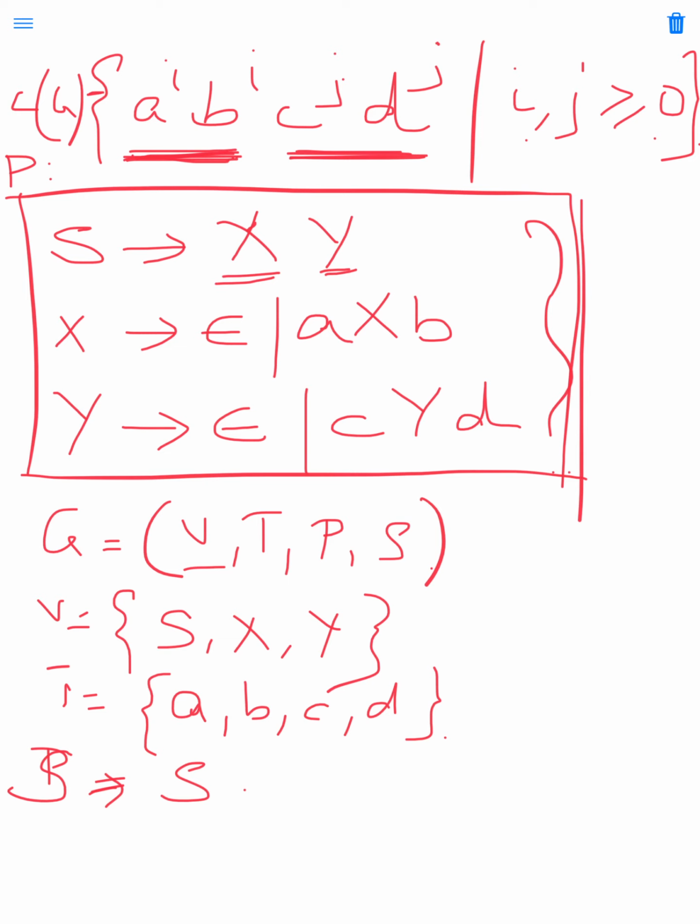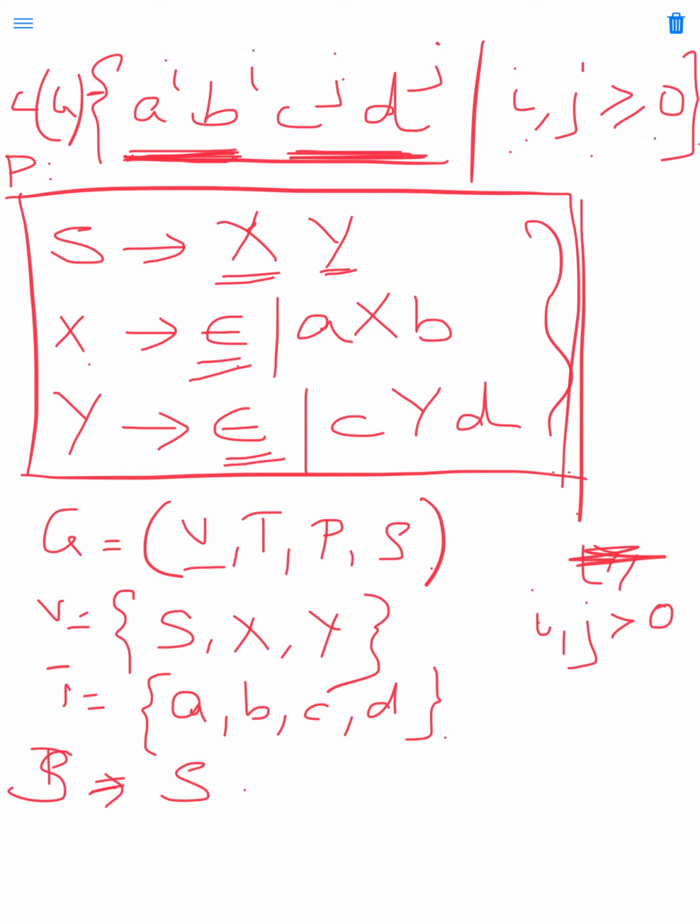Now, just try for i comma j greater than 0. Okay, that is the same language, the only difference is, instead of i comma j greater than or equal to 0, you have to try for i comma j greater than 0. So what is the difference? We have seen in the previous example itself, instead of epsilon you have to include.